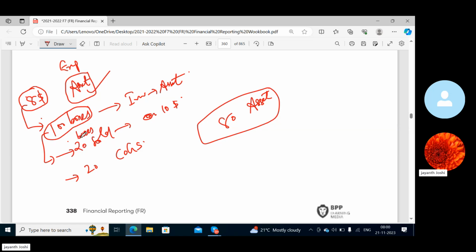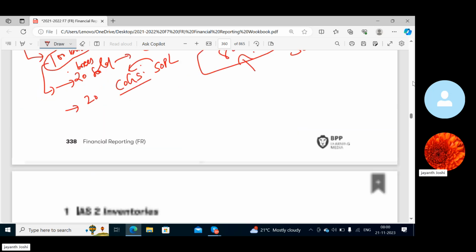When we sell 20%, there should be a cost recognized. That cost is the purchase cost, shown under COGS, right? And the leftover 80 boxes are still with you, still held, waiting for the next day. So this will be an asset for you, shown in the statement of financial position. This is the standard procedure. Shall we move forward? Yes.